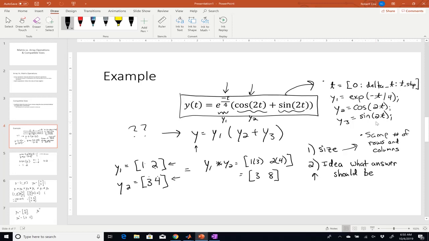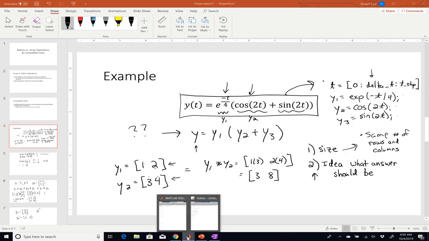If t has 1,000 points, you would expect y1, y2, and y3 to each have 1,000 points. So knowing that, you know that the solution, y equal to y1 times y2 plus y3, better have 1,000 points. So you want to check the size of these before you do the operations.